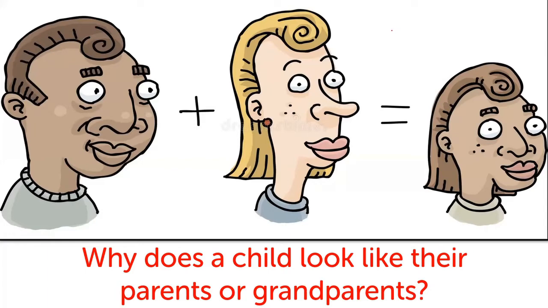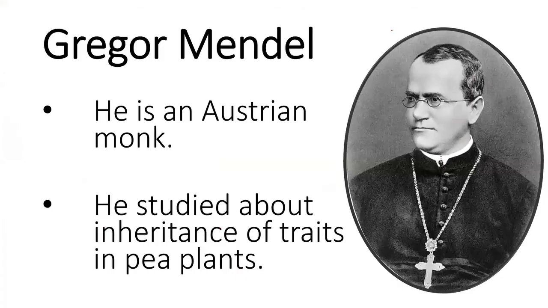It was not until 1856 when an Austrian monk named Gregor Mendel put his interest in studying inheritance of traits. Inheritance of traits is a characteristic that you get from your parents or from your grandparents, from one generation to another generation.